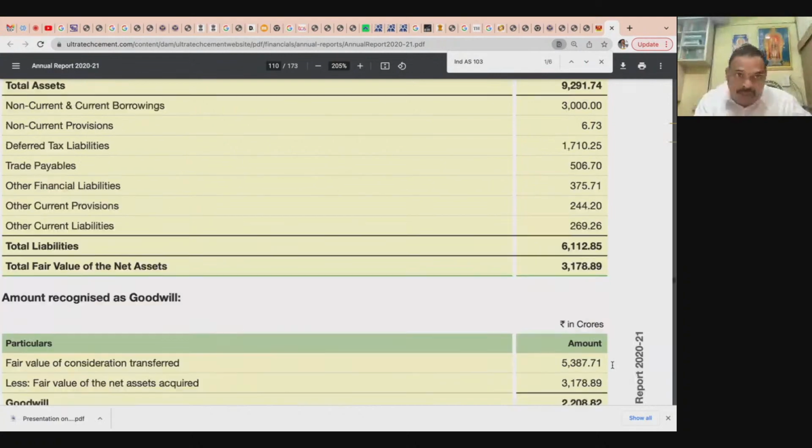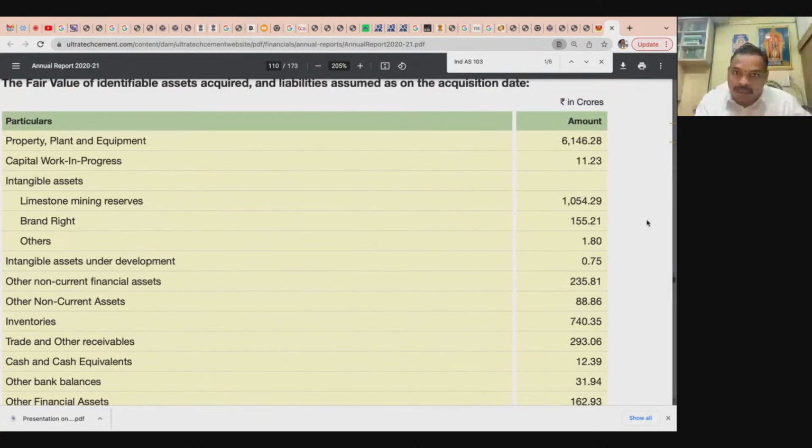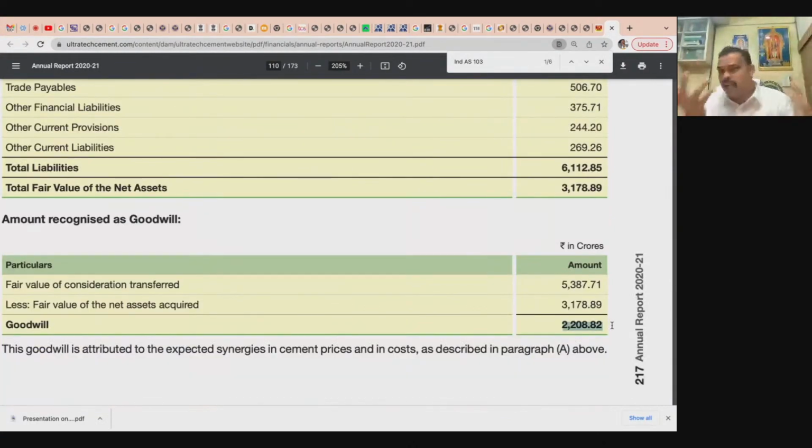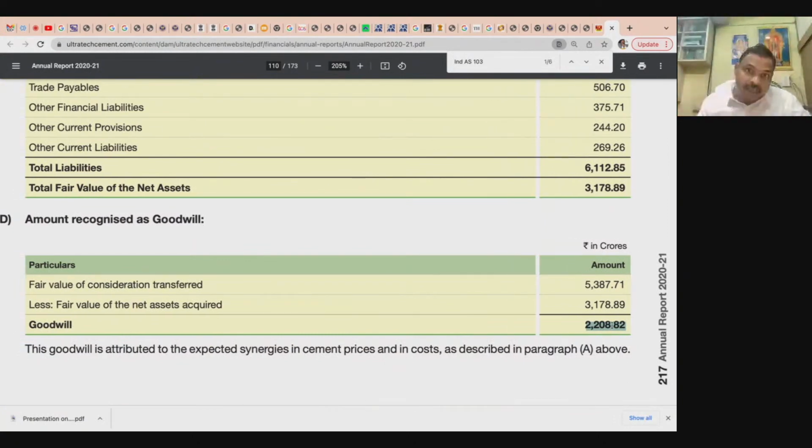You already have intangible assets. Please look at this. Intangible assets, you are paying 1,000 crores. But why are you paying another 2,000 crore extra? Not recorded in books of accounts. You see worth in it, value in it. That is why you pay more than what is there in your business.